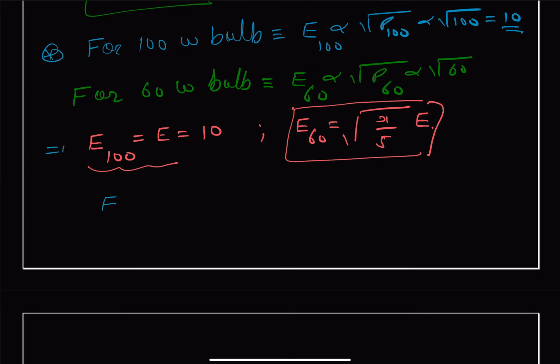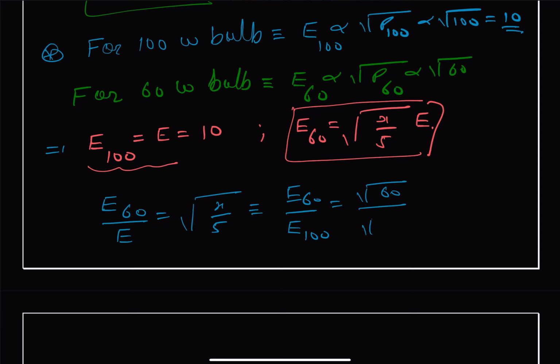We can write E60 upon E will be equal to the square root of x upon 5, and this will be our E60 upon E100, giving us the square root of 60 upon the square root of 100, because on the left side we have a square root.